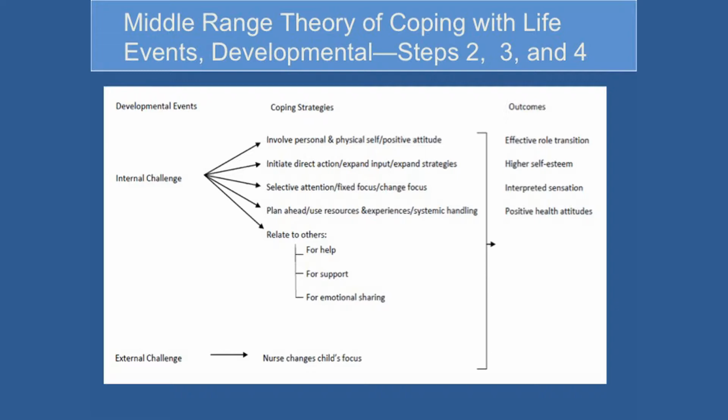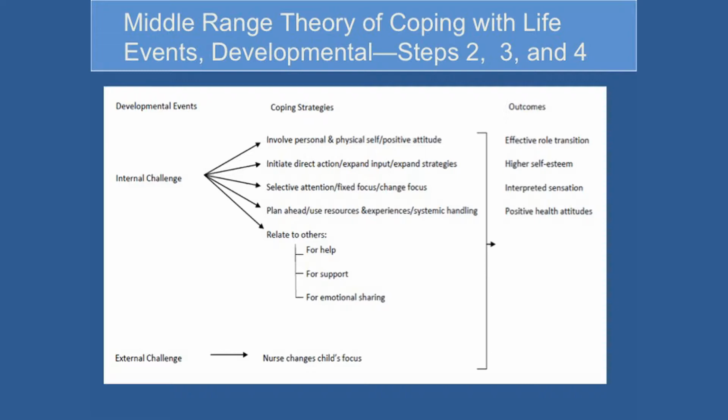And lastly, relate to others, and this came in different categories: for help, for support, and for emotional sharing. In the coping strategies for the external challenge, in this case, the nurse was changing the child's focus.